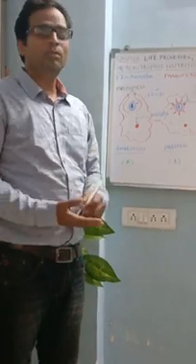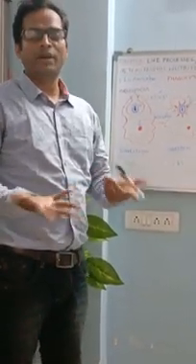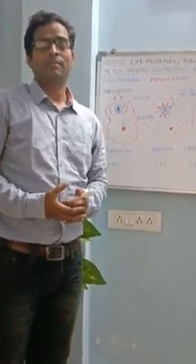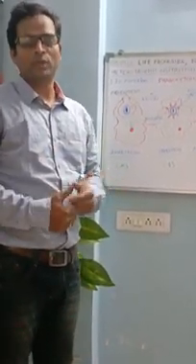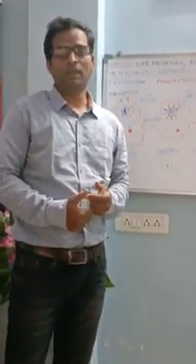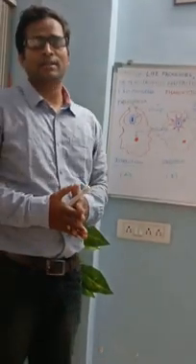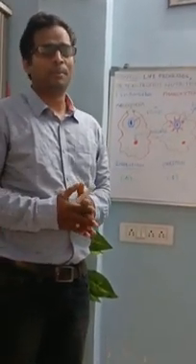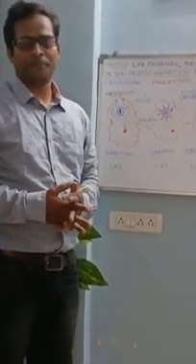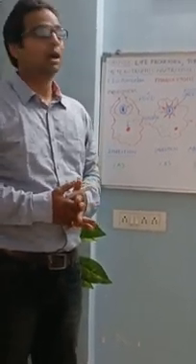Now this heterotrophic mode of nutrition involves a few more types, like saprophytic mode of nutrition, which we have already discussed in our previous class. Saprophytic mode of nutrition means where organisms depend upon dead and decaying material. They release some enzymes to digest that food outside the body.